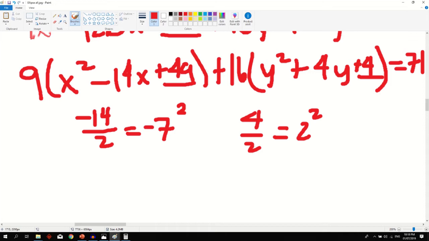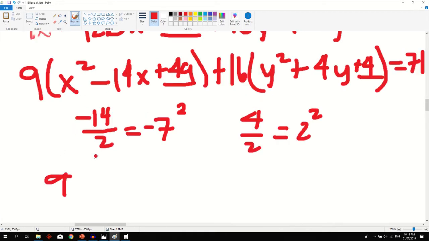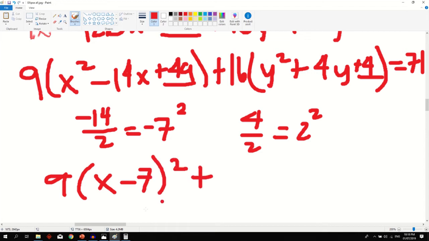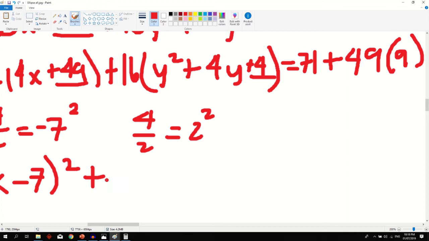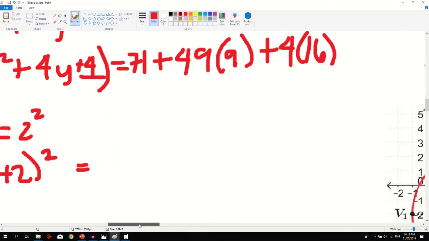Okay, so we have that now. Then we get 9 times x minus 7 squared plus 16 times y plus 2 squared is equals to, so we will add that one.